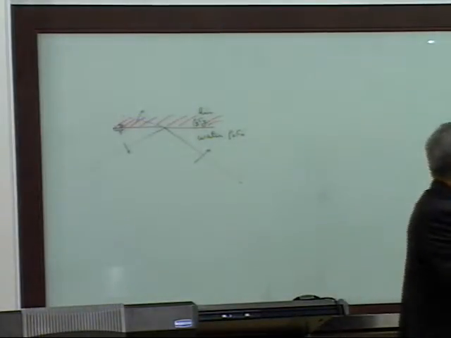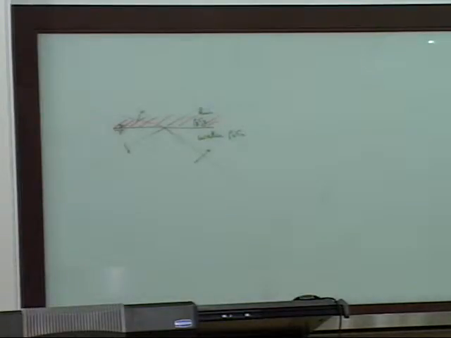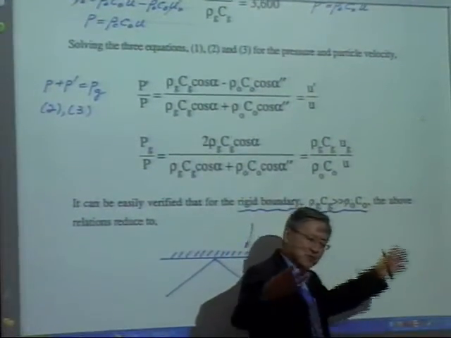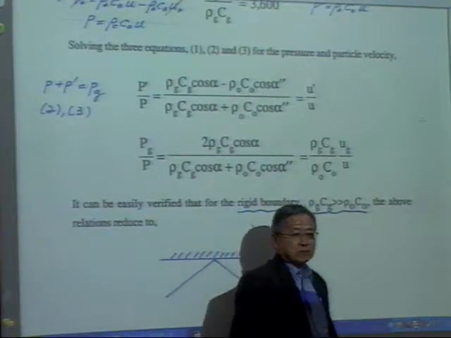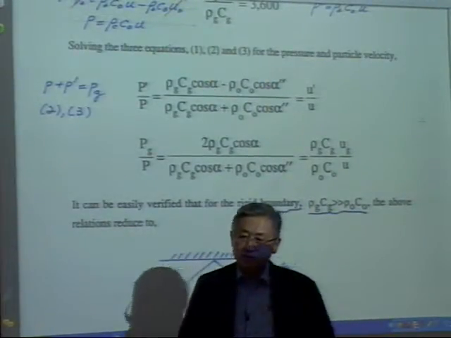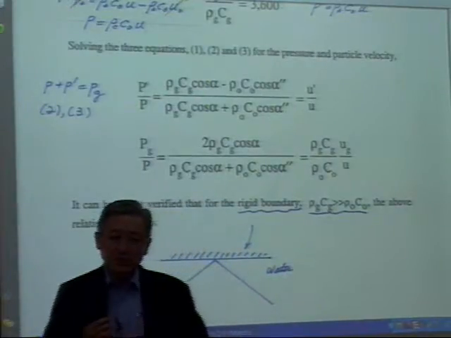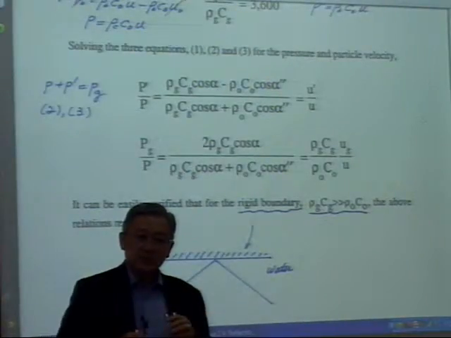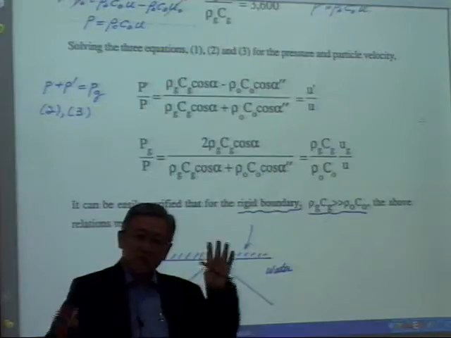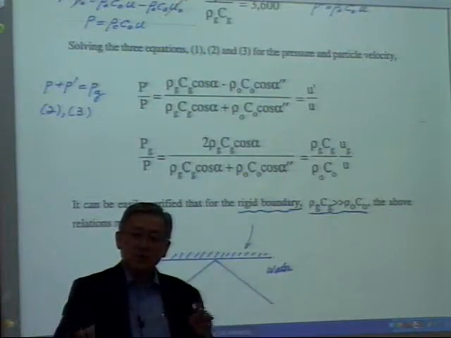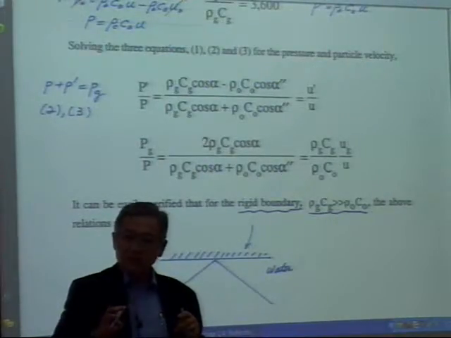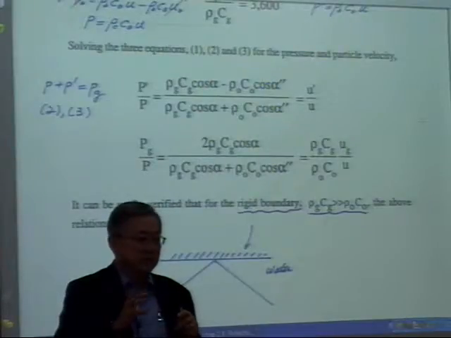So I say rho g, Cg, this is air impedance. I'm going to say this is infinitely greater, really, really larger than rho naught, C naught. Rho C gives you the characteristic property of the acoustic media. So I change air into rigid. That means really making rho G Cg larger than rho naught C naught.